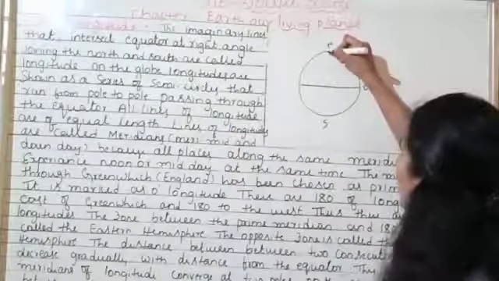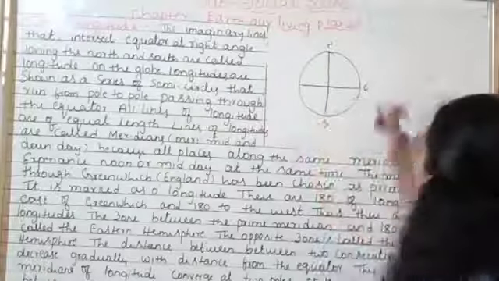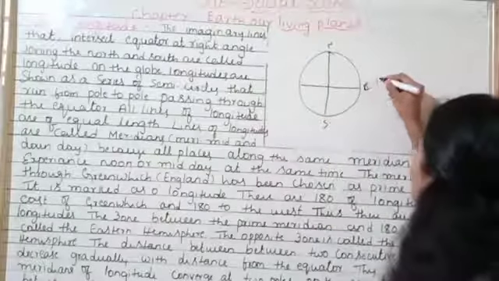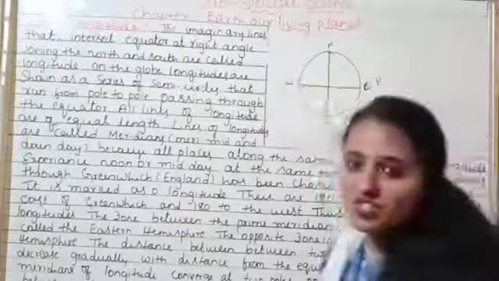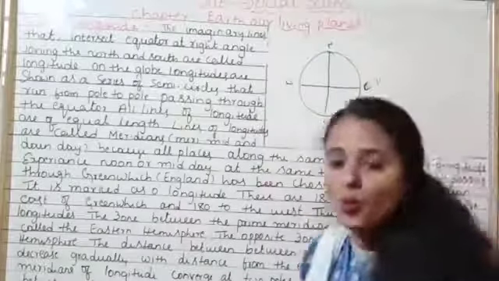The meridian divides again into two. So this is considered the eastern hemisphere and this is considered the western hemisphere. You can understand north, south, east and west.